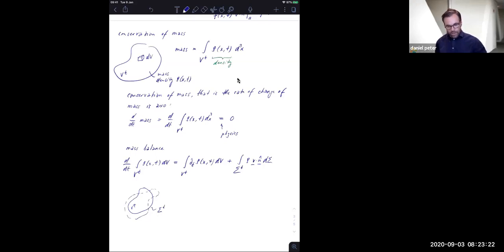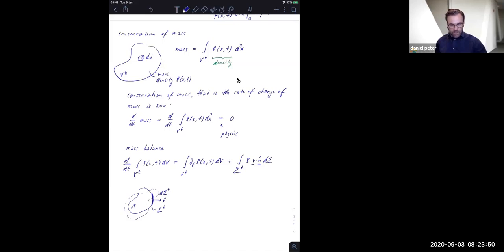And because it can change with time, you can look at a very small part of it, say a small piece of the surface, where you can have the normal to the surface.